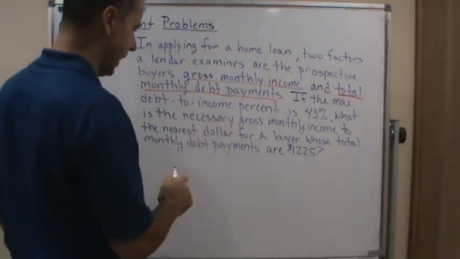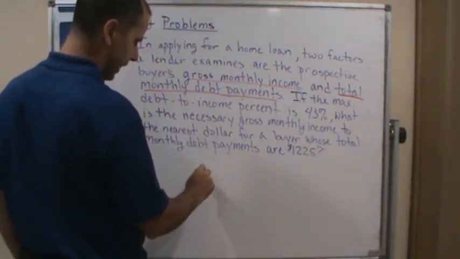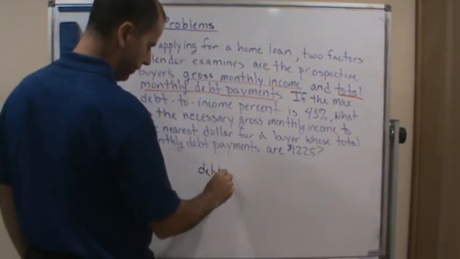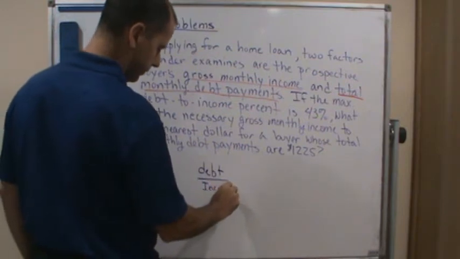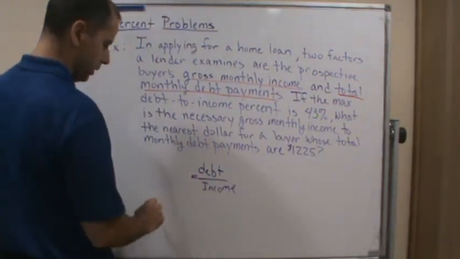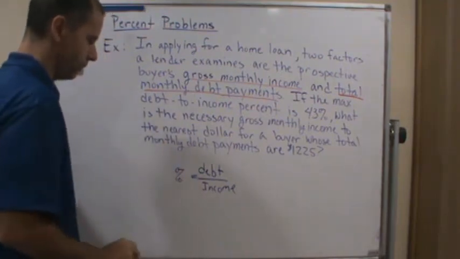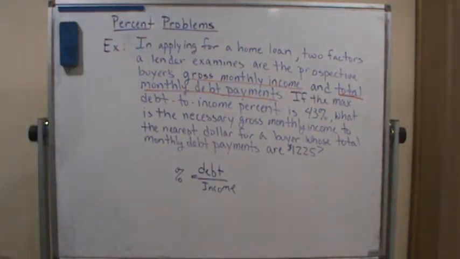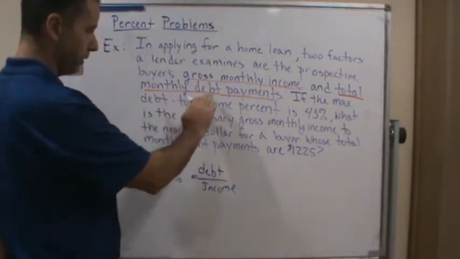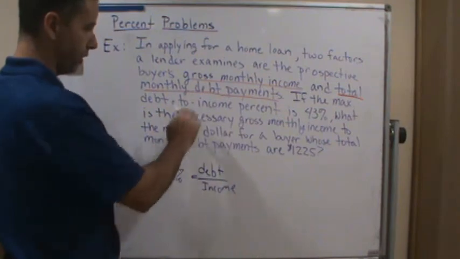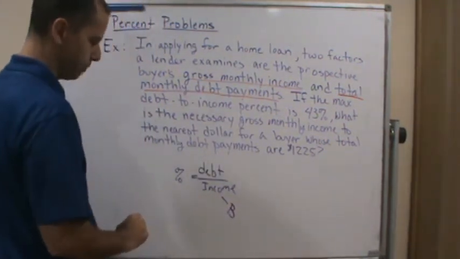In other words, here's the ratio we're looking at, just so we can set this up. Debt-to-income percent: we're looking at the debt divided by the income equals the percentage, right? In this case, the gross monthly income is your base.